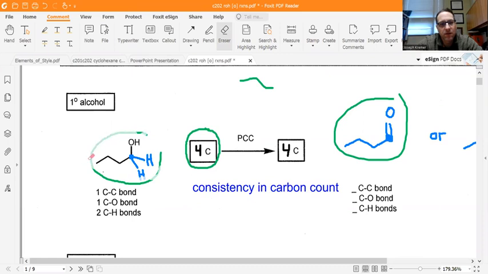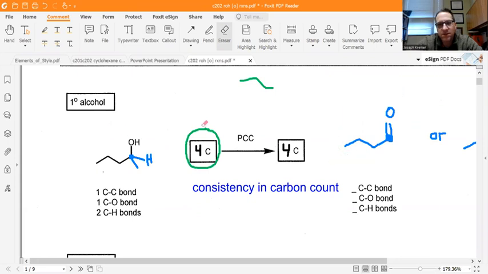Too much going on here, huh? So far, we talked about the degree of alcohol, 1 degree, 2 degree, 3 degree, and consistency in carbon count. Trying to get ready to go here.